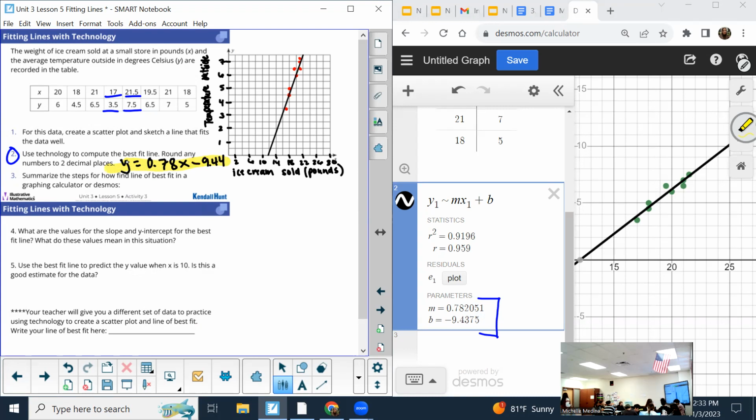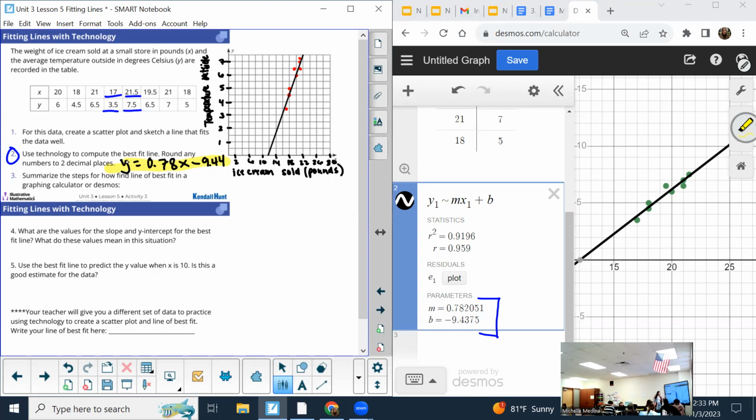Okay, so in number 4, you're going to do that with your groups. We already kind of answered some of it already. But we have slope and y-intercept. What are they? And then what do they mean in the situation? When you're talking about what they mean, you need to tell me something about the pounds of ice cream and something about the temperature outside. So that's the 2 variables. So 0.78 what? Negative 9.44 what?